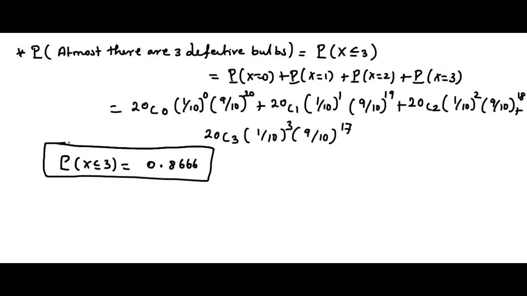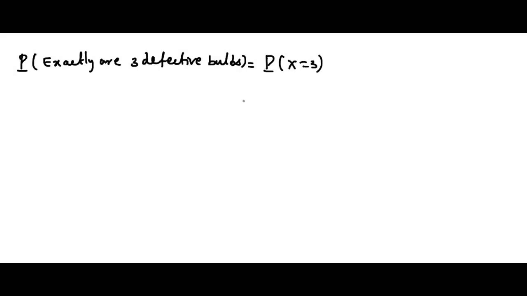What is next? The next question is to find the probability that exactly 3 bulbs are defective. That is the probability of x equal to 3. Using equation 1, the binomial distribution, we get 20C3, p value 1 by 10 power x, where x value is 3, and q value 9 by 10 power n minus x, that is 20 minus 3.